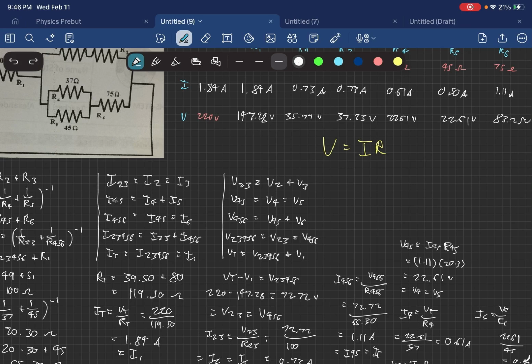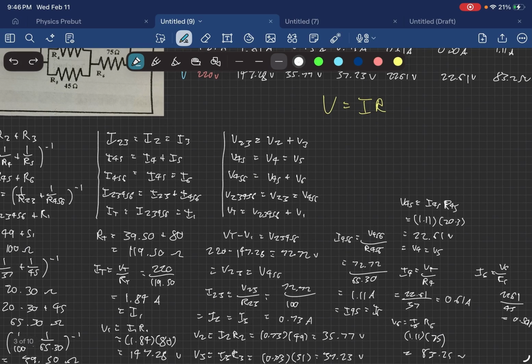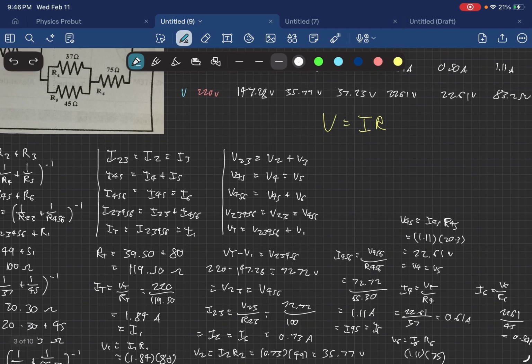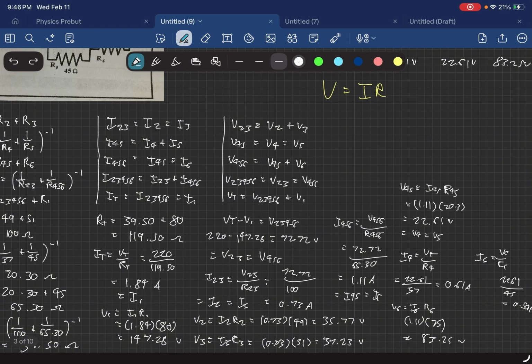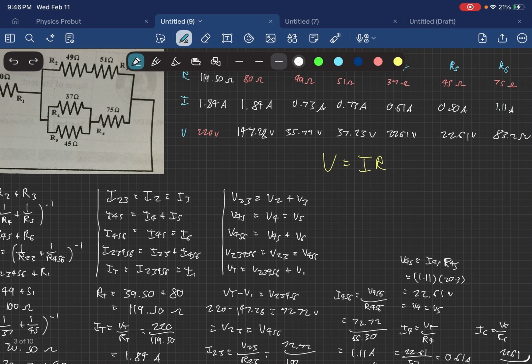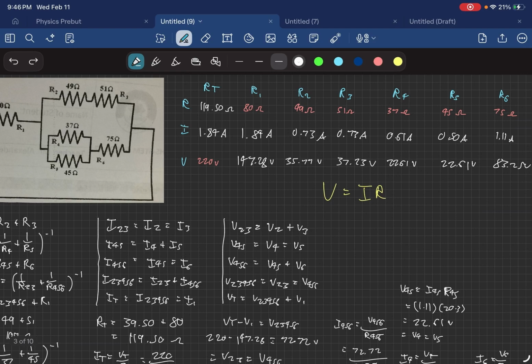But you can also expand V23456. Remember, it's also equal to your V23, and your V23 is V2 plus V3, which looks like 72 to me.